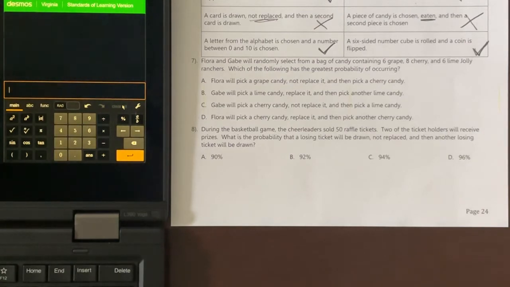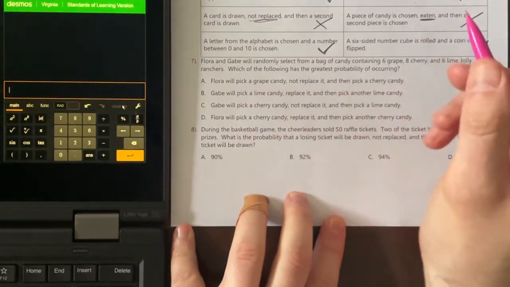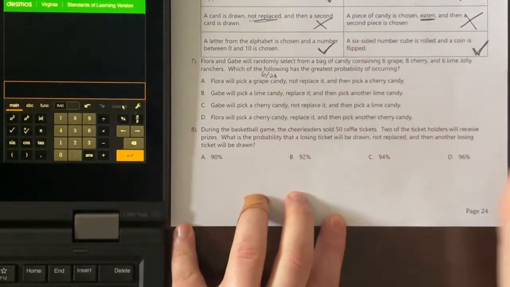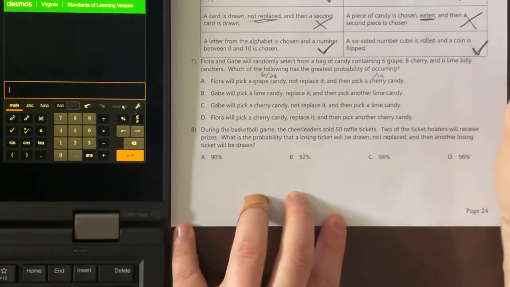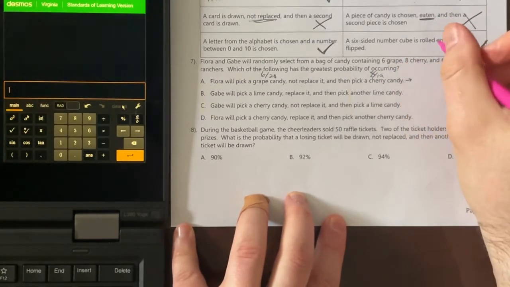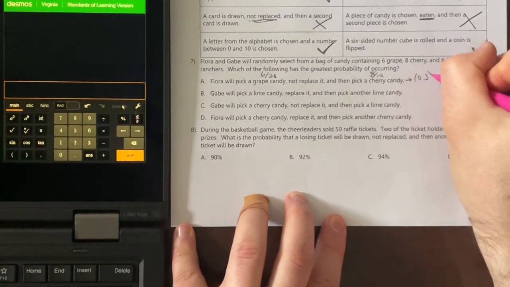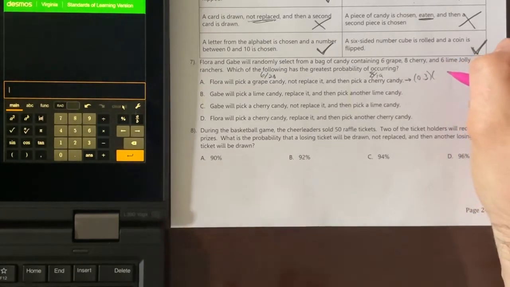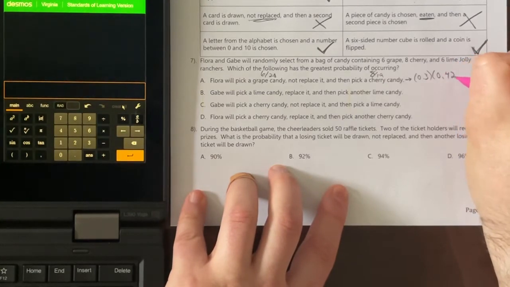So what I can do is this. Let me actually write these out. I could say probability of picking a grape is going to be 6 out of 20. Not replacing it, so I have over 19 for the second one, and cherry is 8. Let me double check those values.